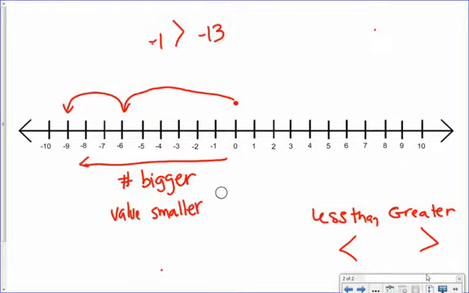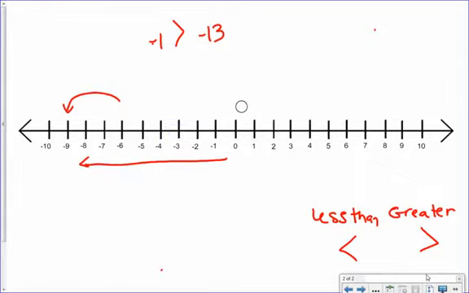All right, let's see if I can think of another example. Basically, when you're going negative on the number line, the numbers are getting smaller. The value is getting smaller, okay? So 1 here on the number line, positive 1 here, is a bigger number than negative 1 here, okay? And the negative 1 here is a bigger number than negative 3 here.